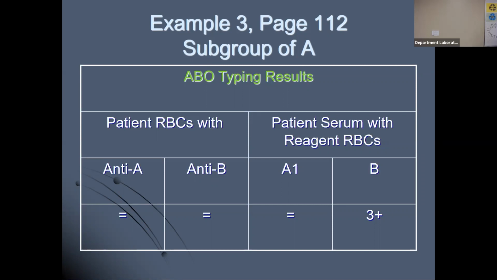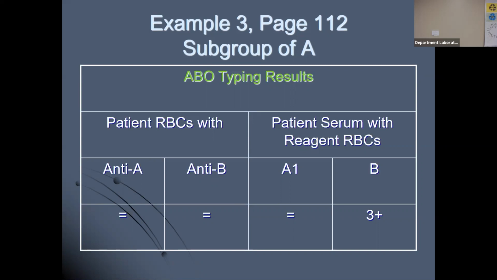It will react with the A1 antigen. So if you have a negative reaction with A1 lectin, that lets us know that our patient is not A1, that he is definitely another subgroup of A. Okay. There's actually something else we run in conjunction with A1 lectin. Do you guys remember what it was? A2 cells.